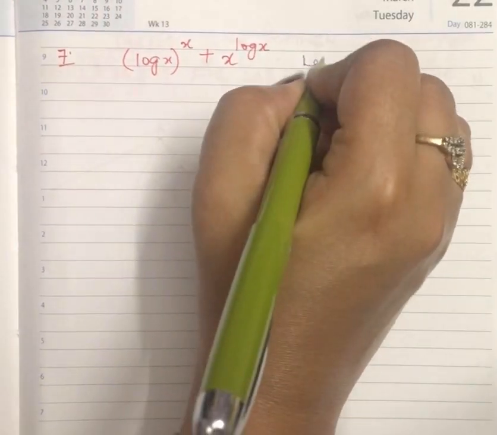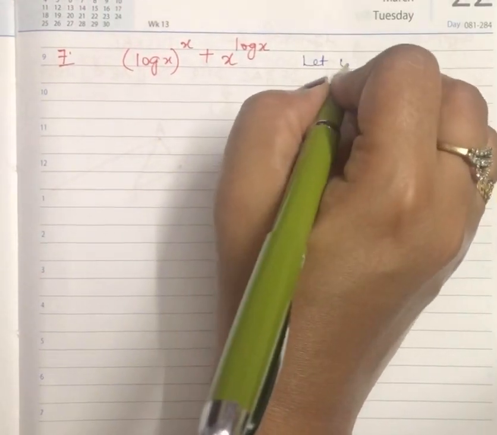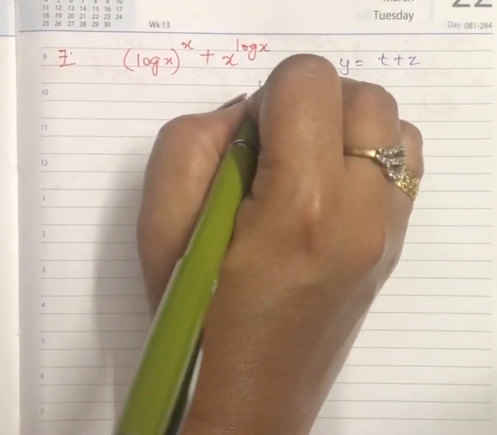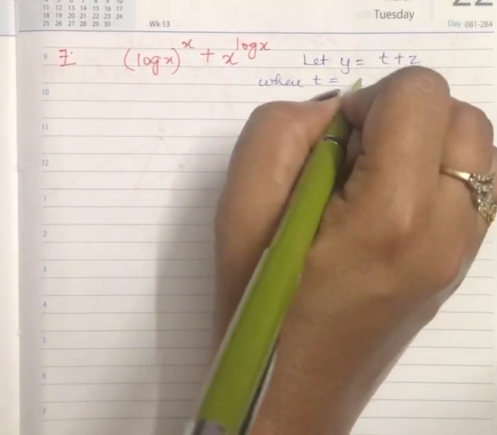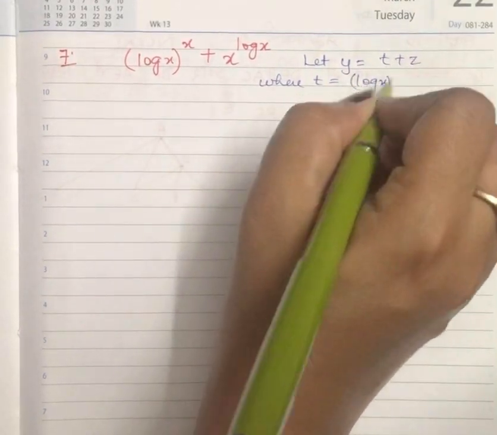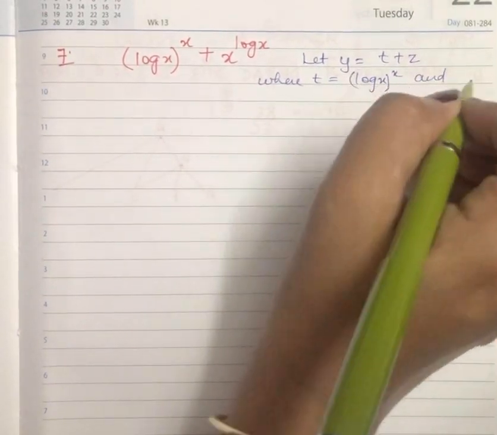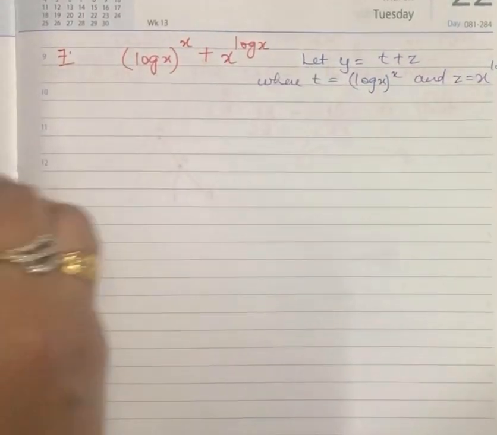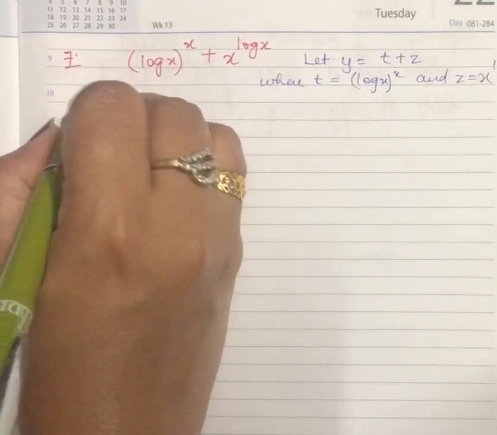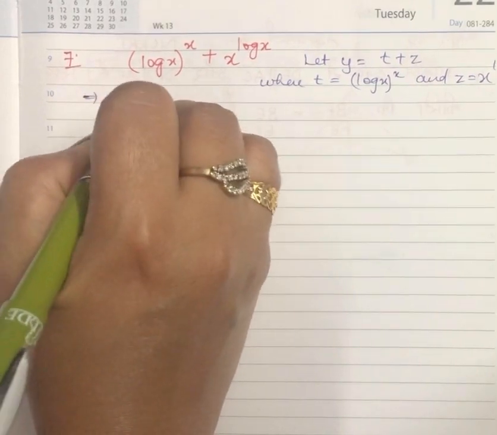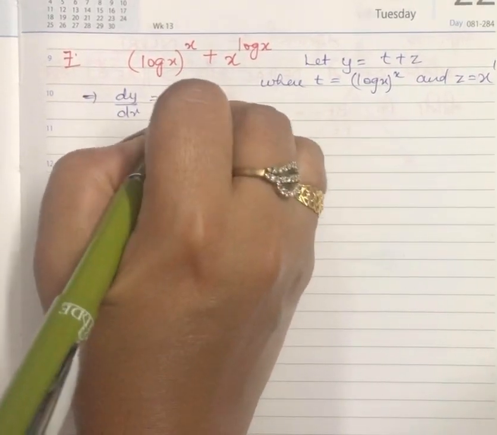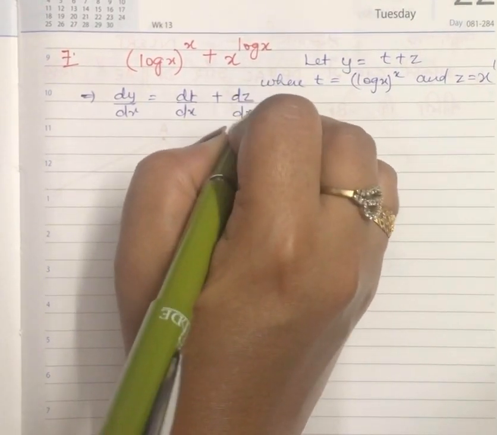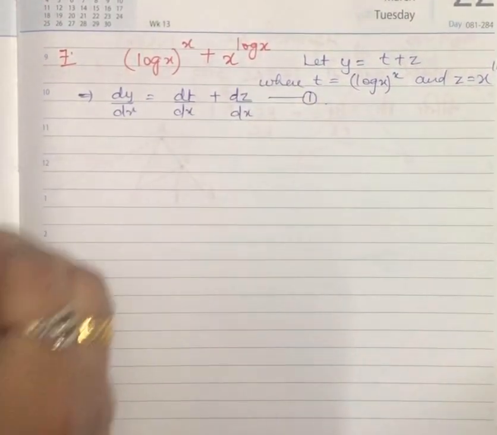So again we will put, let y equal to t plus z, where t is equal to log x to the power x and z is equal to x to the power log x, so that dy by dx is equal to dt by dx plus dz by dx, and we mark it as first equation.